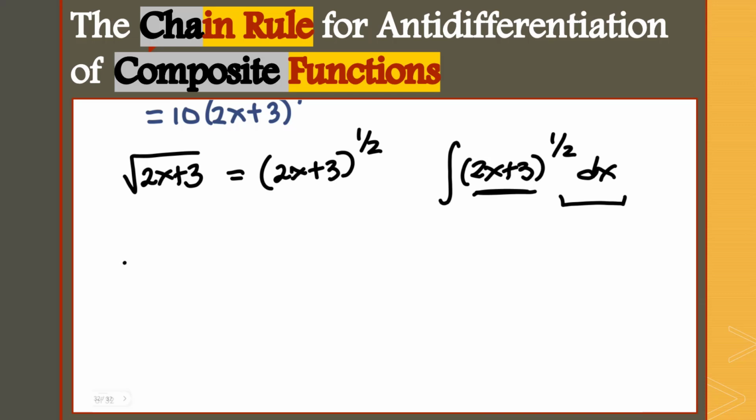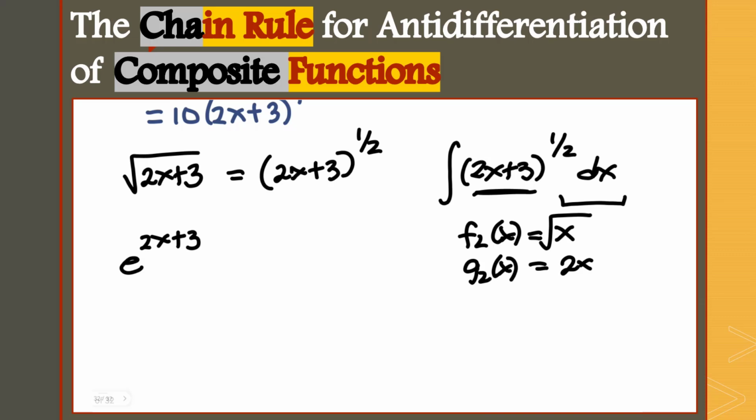Let's say e to the power of 2x plus 3. This is actually a composite function. By the way, for the second example, your f2 of x would be square root of x, and your g2 of x is actually your 2x plus 3, right? You have this inside as a radicand.